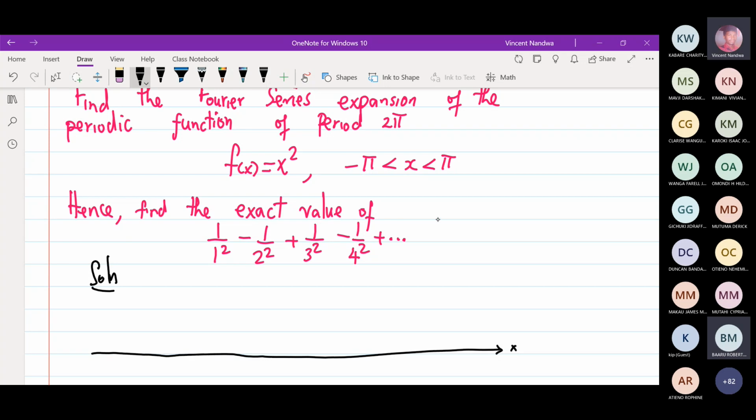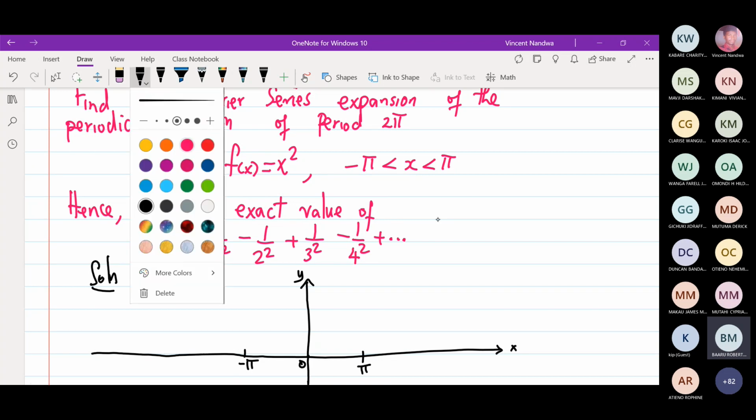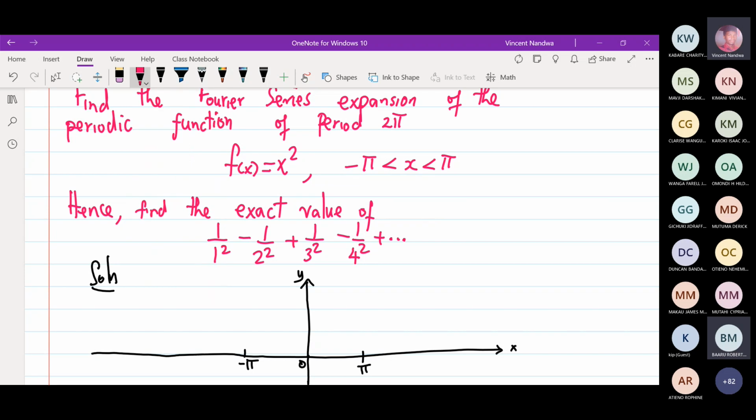This is my x. This is my y, 0, minus pi, and then this is pi. So when I put 0 into the function, I get f of 0 is 0.